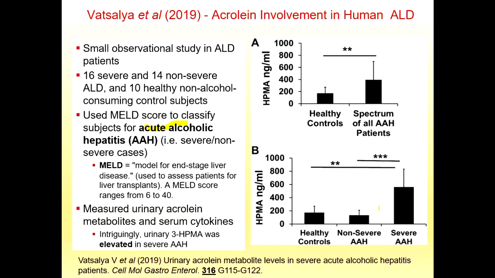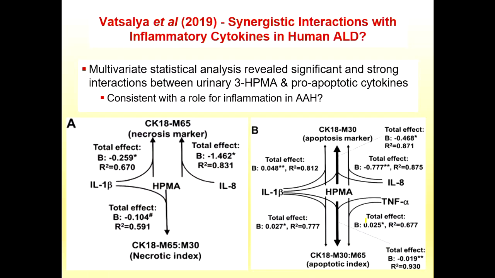You can discriminate between severe and non-severe forms of the disease by measuring this urinary metabolite of acrolein, and also it correlates nicely with some markers of apoptosis such as cytokeratin 18, as well as some inflammatory markers.